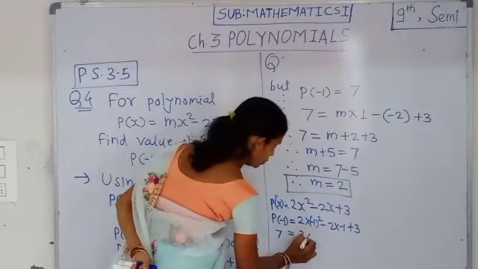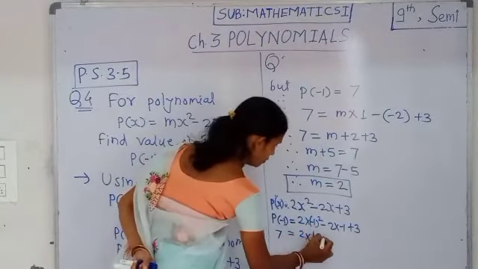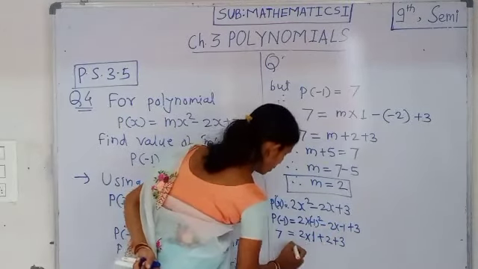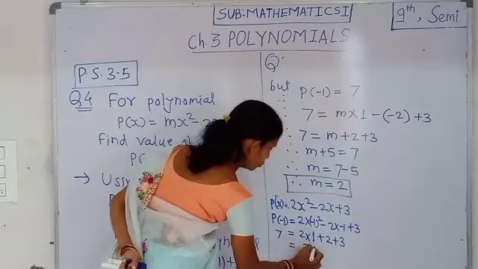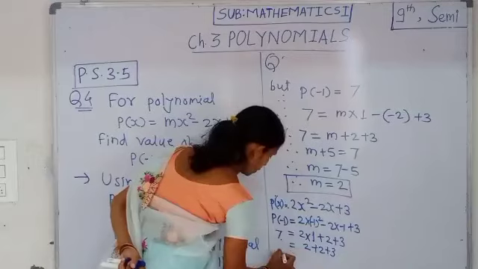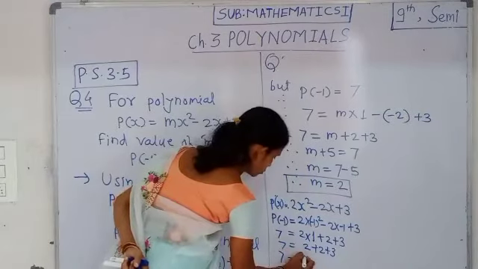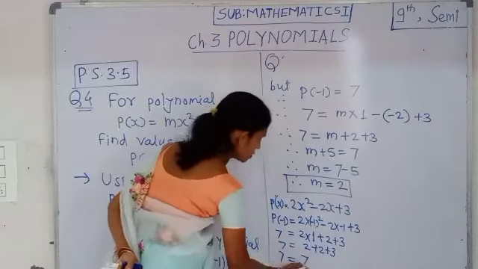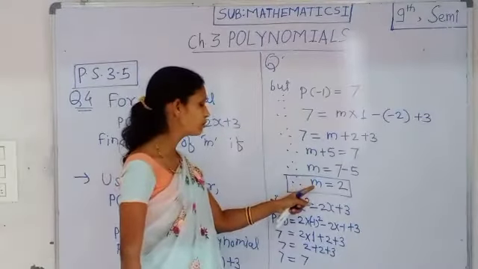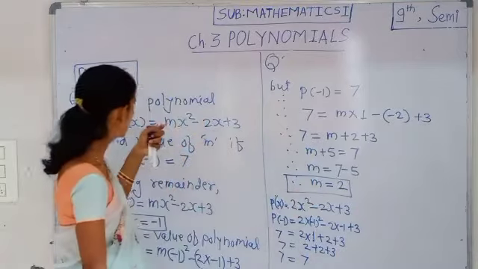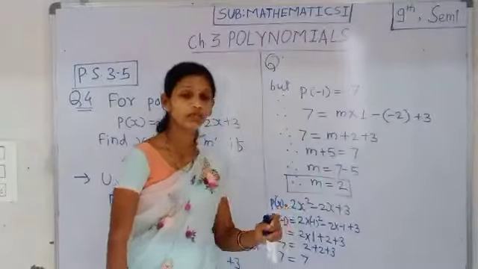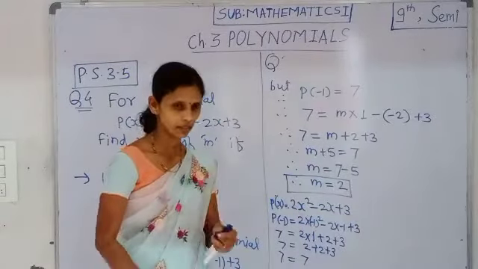Therefore, 2 into 1 plus 2 plus 3, that is here 7. Therefore, here 7 is equal to 7. That means here LHS is equal to RHS. Therefore, here the value of m in this polynomial is equal to 2, and that is our correct answer.